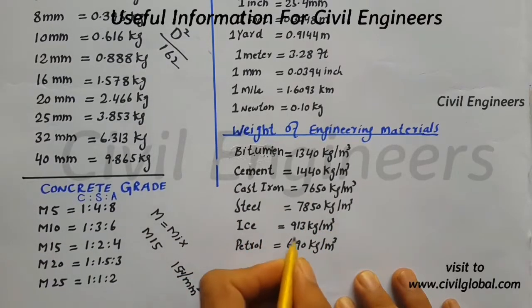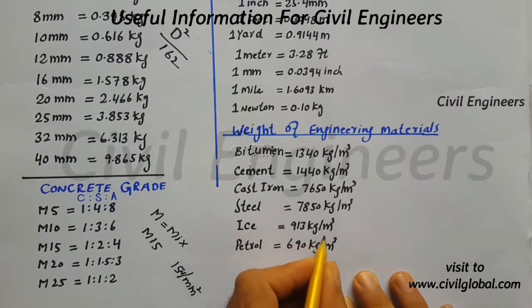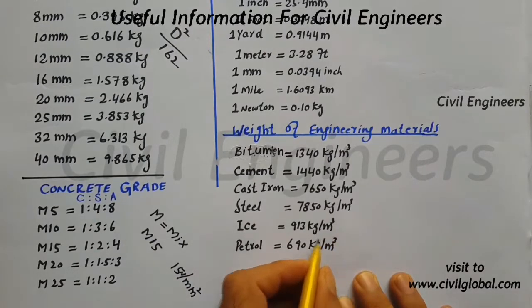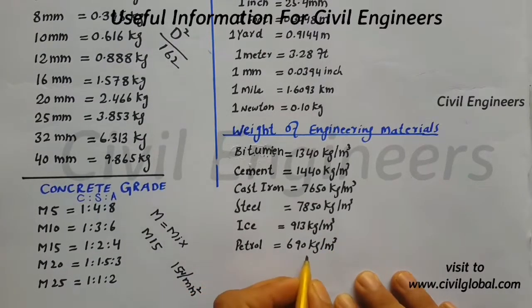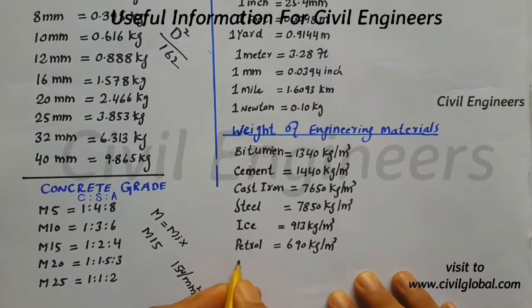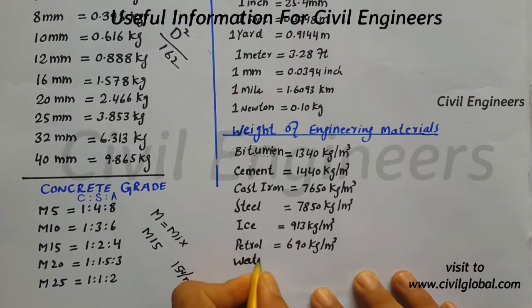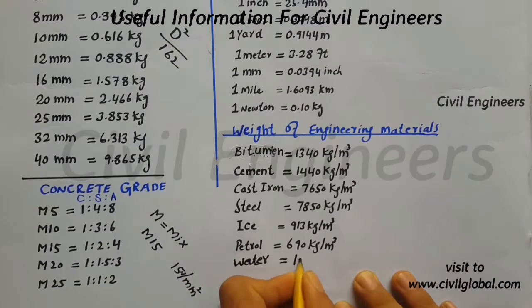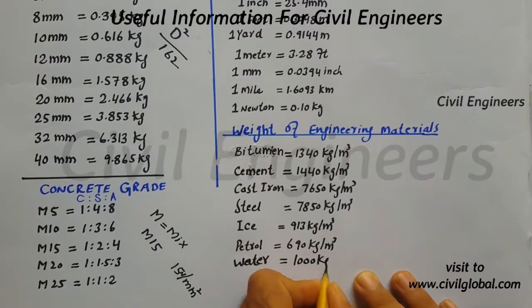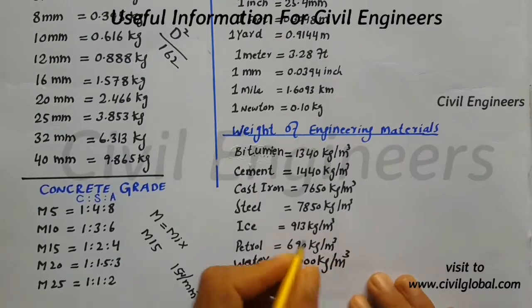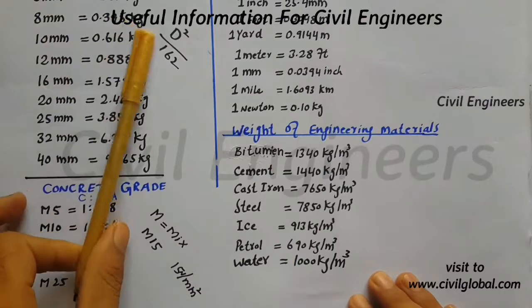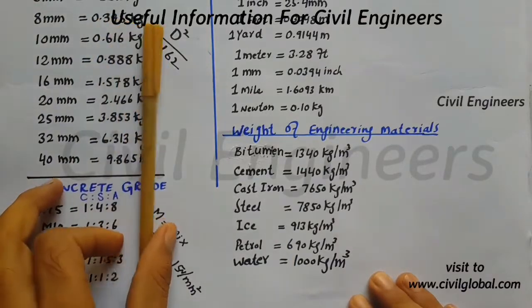And ice, okay, 913 kg per meter cube. And petrol we have 690 kg per meter cube. And water is 1000 kg per meter cube. Okay, so this is the useful information for all civil engineers.